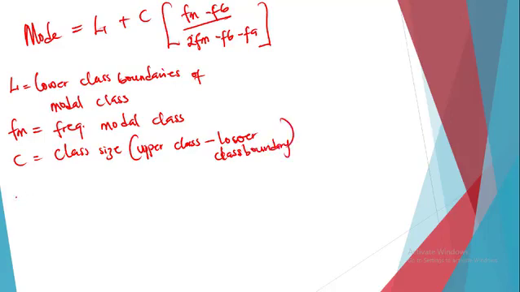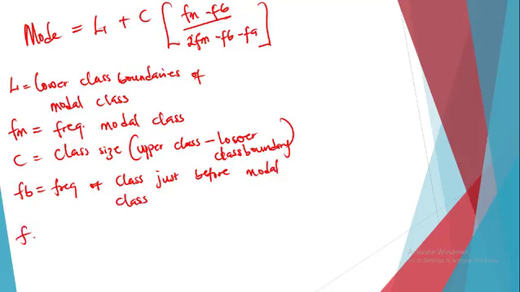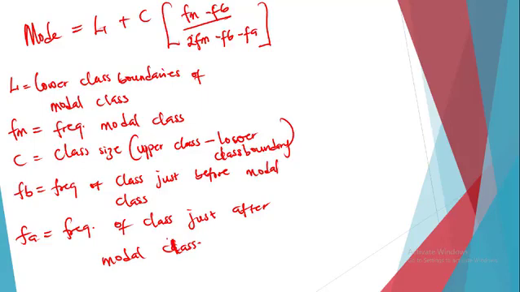Then our FB is equal to frequency of class just before modal class, where our FA is equal to frequency of class just after modal class. Okay, these things are important to know, all their meanings.